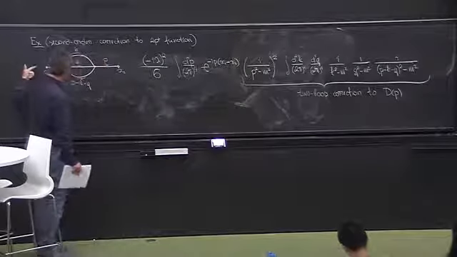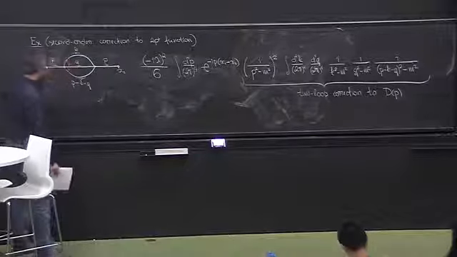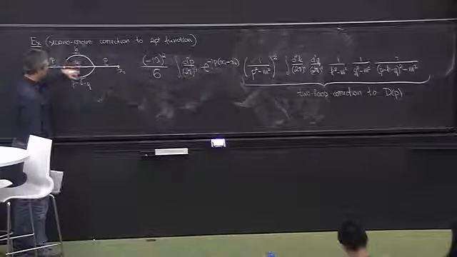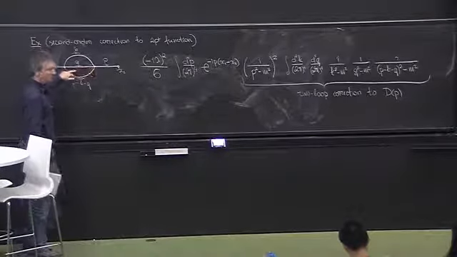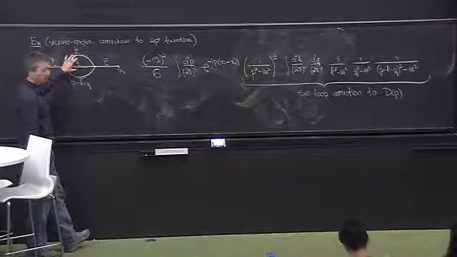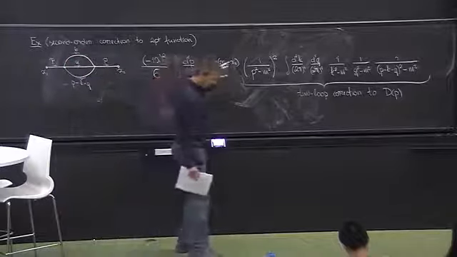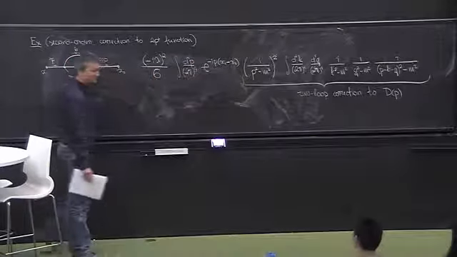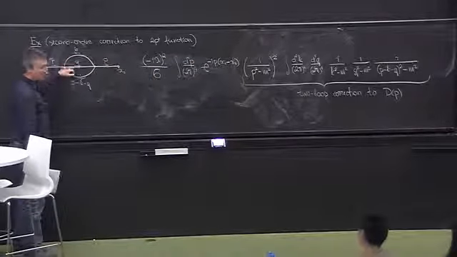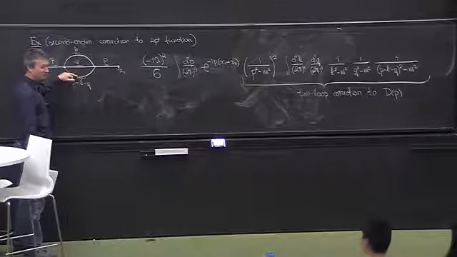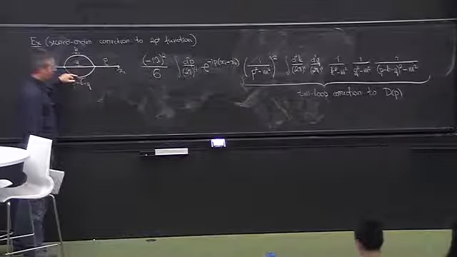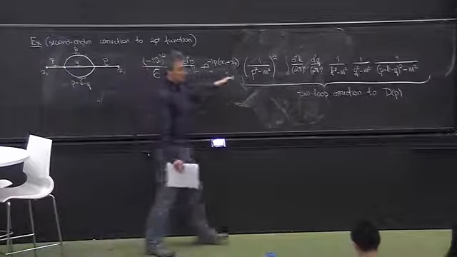So the idea is the following. You assign momenta to the propagators in such a way that momentum at each vertex is conserved. And then there will be some undetermined momenta here. And so you have to integrate over all undetermined momenta in the diagram.